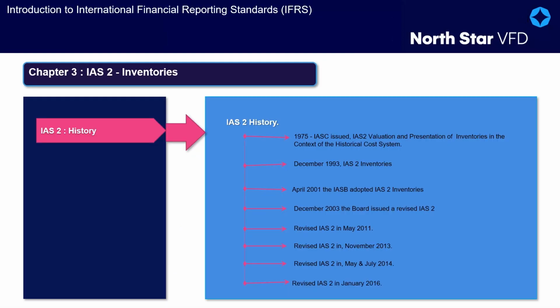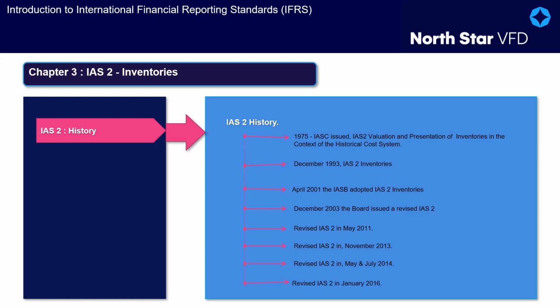Let us look into IAS 2 Inventories. The timeline of the IAS 2 Standard. In October 1975, the International Accounting Standards Committee issued IAS 2 Valuation and Presentation of Inventories in the Context of the Historical Cost System. In December 1993, IAS 2 Inventories was issued, replacing IAS 2 Valuation and Presentation of Inventories in the Context of the Historical Cost System, issued in October 1975.